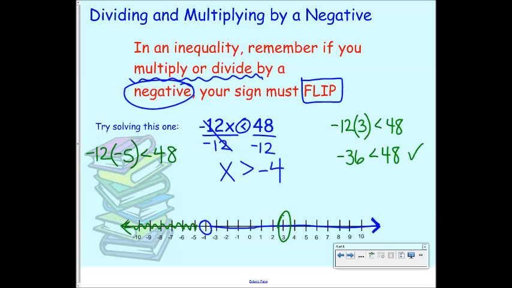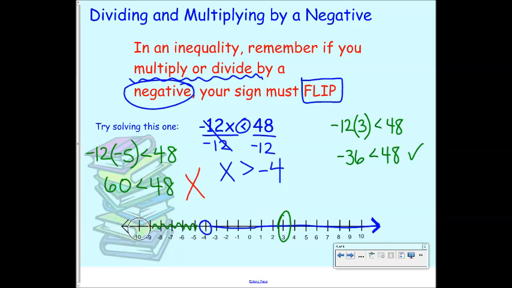When I multiply two negatives together, what happens? It becomes a positive, because two negatives multiplied will give me a positive. So that gives me 60 is less than 48. Is that true? No, that's not true, right? 60 is not less than 48. That is not a true statement. So all this stuff in the green arrow would not be right.